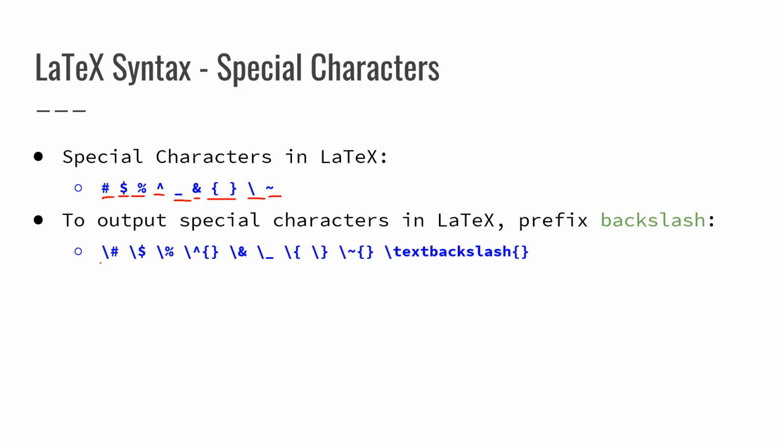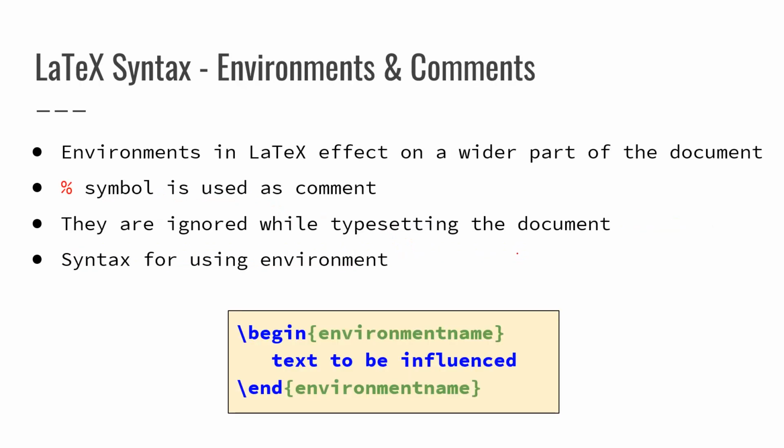To typeset these characters in your LaTeX document, you need to precede the declaration with a backslash. The only exception is the backslash itself. To display the backslash, you don't type two backslashes. Rather, you have to type backslash textbackslash followed by a pair of empty square brackets. This we had already seen.